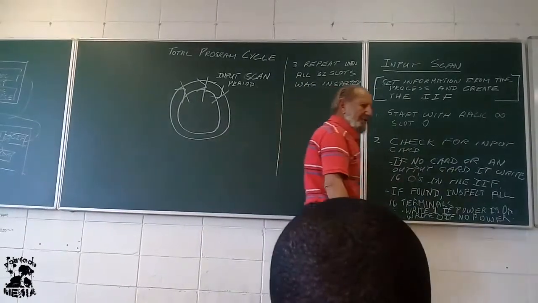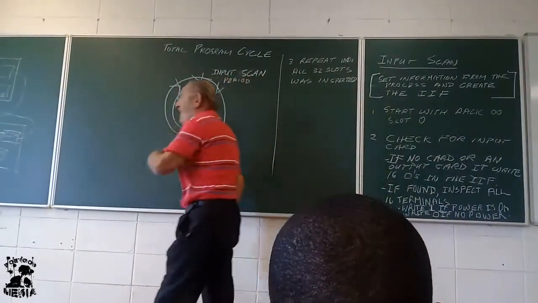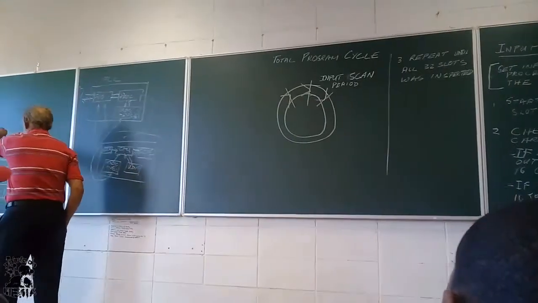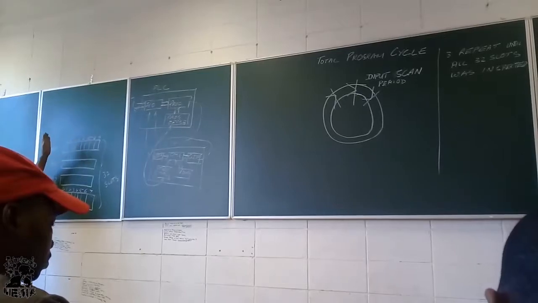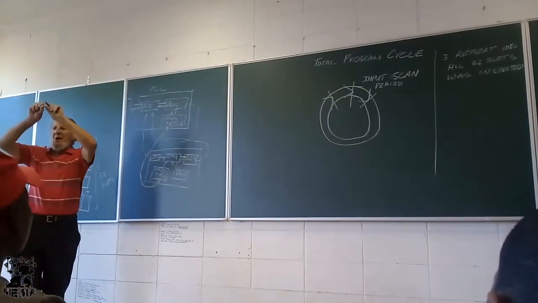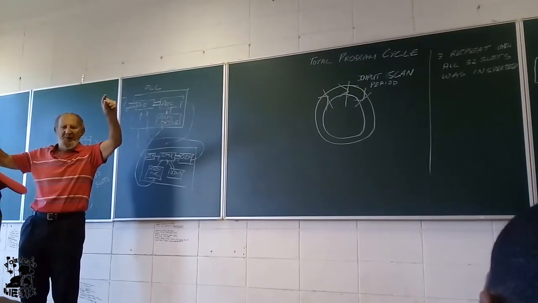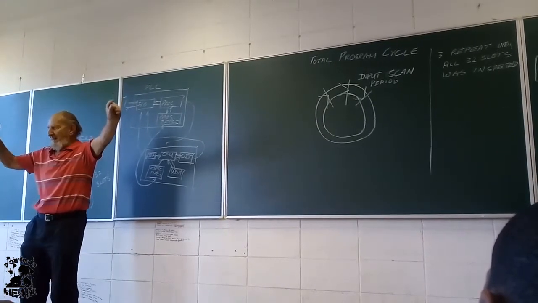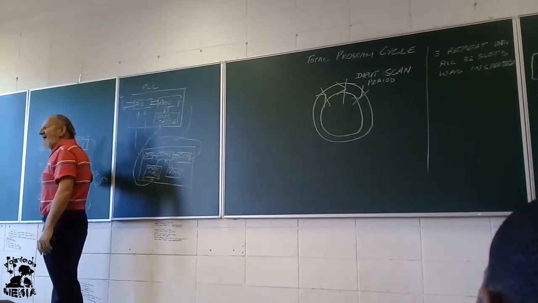Right, let's check what happens here in the input scan. It starts with rack 0 0, slot 0. Check if there's an input card. If there's no card, it puts 16 zeros. Remember that sketch I gave you yesterday of what the input image file looked like? It puts 16 zeros in the first word. Then it checks the next slot until it finds an input card.